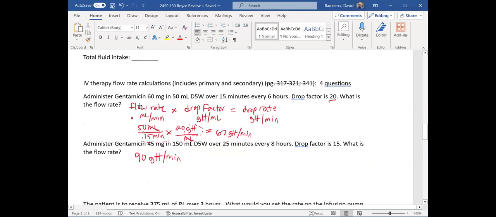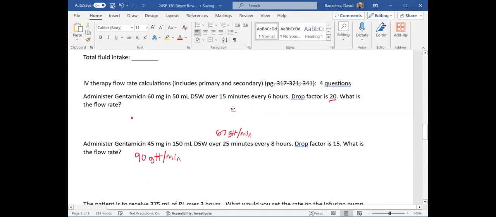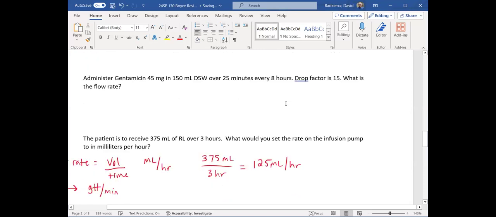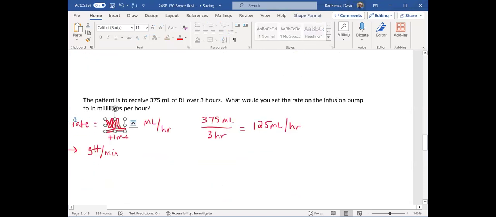All right, so these are the new things that you're going to start to see: these flow rate questions. Like I said, I'm going to change these up and give you some variations of this, and we're going to start with this one.